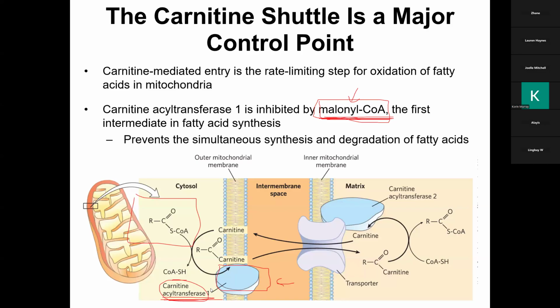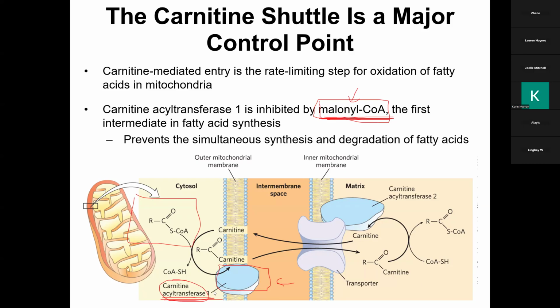Anyone? Isn't it when something binds outside of the active site and it changes the activity of the enzyme, positively or negatively? Yeah, and since it's negative, it will decrease the activity.